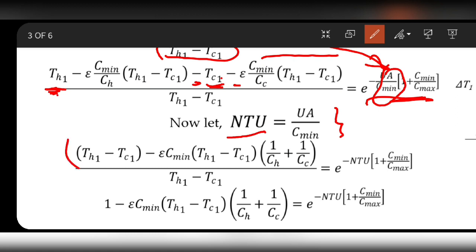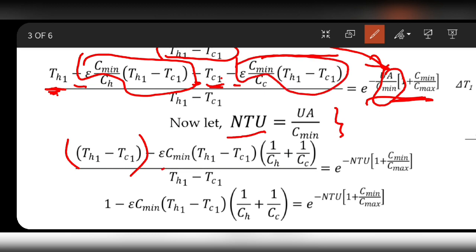So I'll get TH1 minus TC1 minus epsilon C minimum into TH1 minus TC1 as common, because that is present in both the terms. So minus epsilon C minimum into TH1 minus TC1 multiplied by, since I have minus on both sides, inside it becomes plus 1 divided by CH. So here we have 1 divided by CH, and here we have 1 divided by CC.